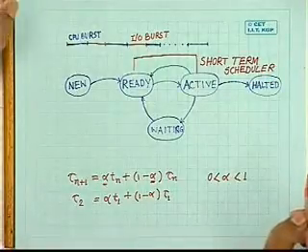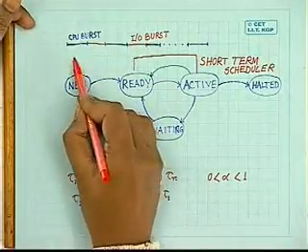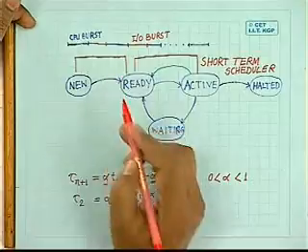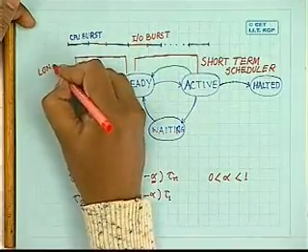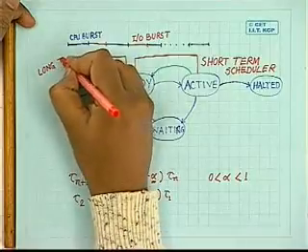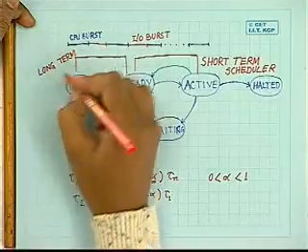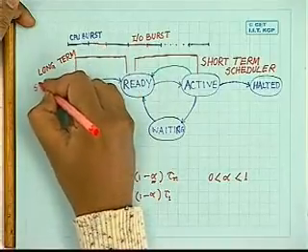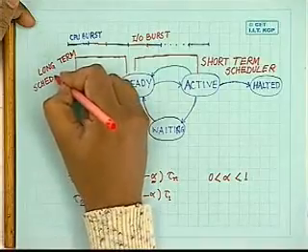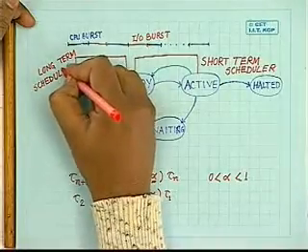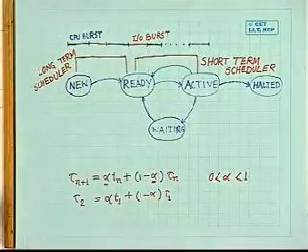Okay. The other scheduler, which puts the job from the new queue to the ready queue, is called a long-term scheduler. Okay.